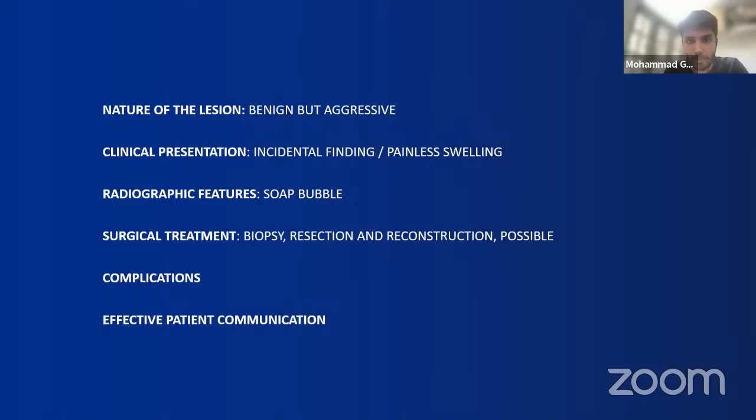People have also marsupialized the lesion, and there have been cases where people have done enucleation as well. But according to many articles and authors, the gold standard for a multicystic or solid variant of ameloblastoma is surgical resection.